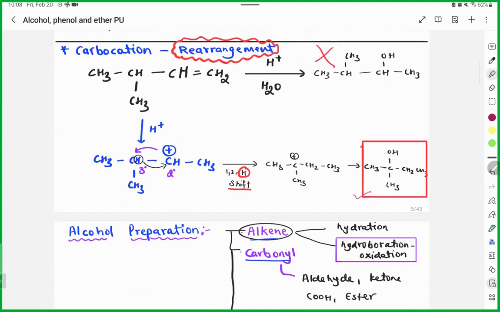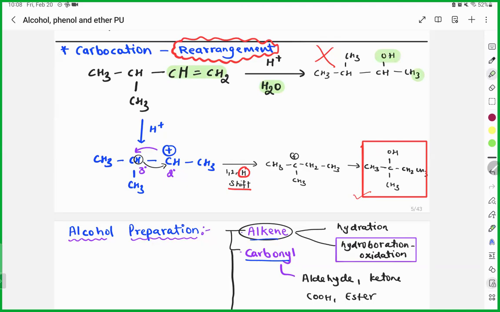Chandana, what happened in the carbocation rearrangement? If you are adding H2O in the alkene, so at one place OH should add, another place, hydrogen should add. Example, OH added here, hydrogen will be added here. Okay.